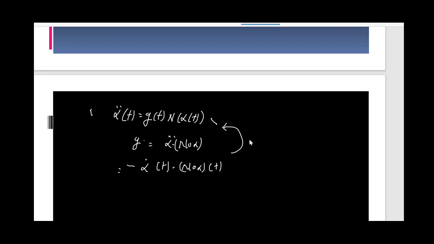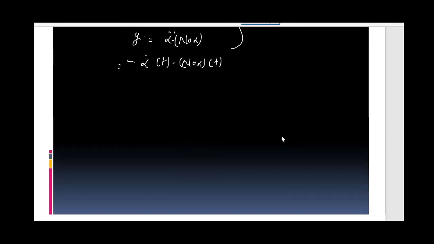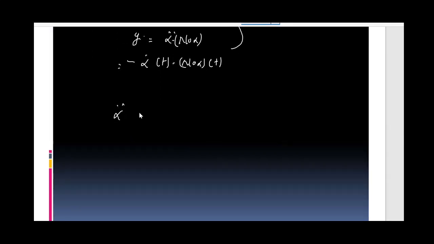and we have got a system of second order differential equations: alpha double dot of t plus alpha dot of t dot n composition alpha of t, into n of alpha of t, is equal to 0.